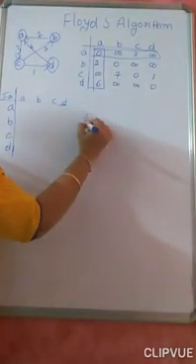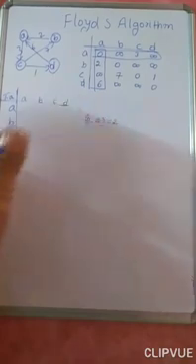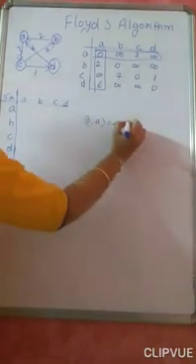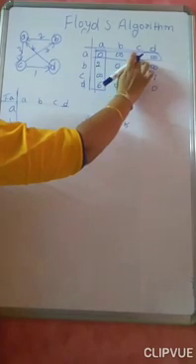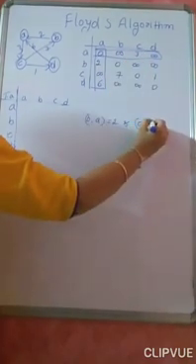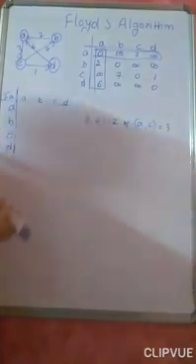B to A is equal to 2, and this one, that is A to C, is equal to 3.